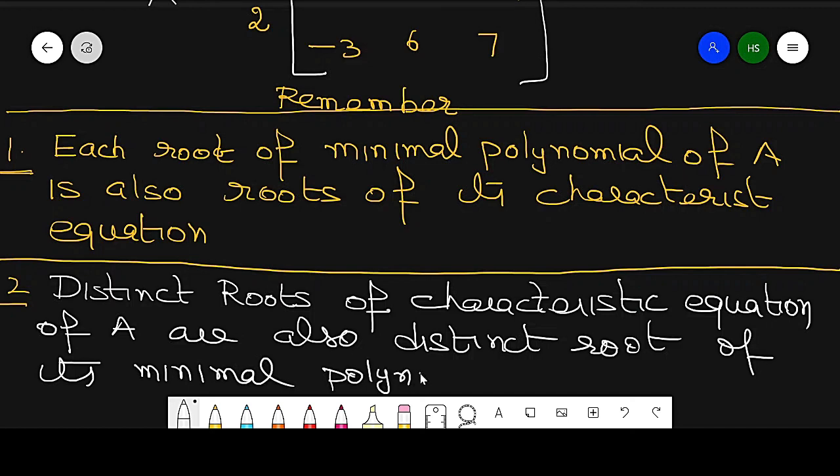Now you will understand these two statements after doing questions. This type is very important, so do some questions related to it. In the next lecture we will discuss a new chapter called quadratic form.